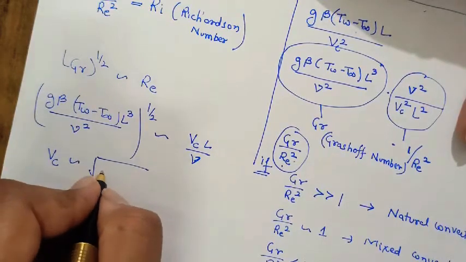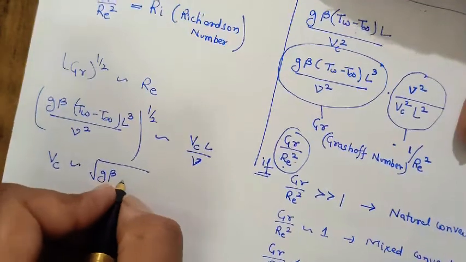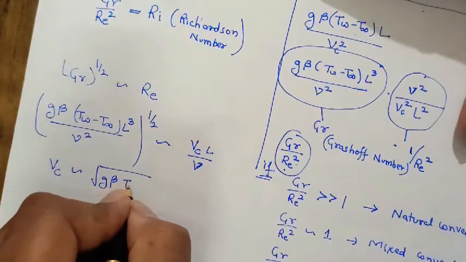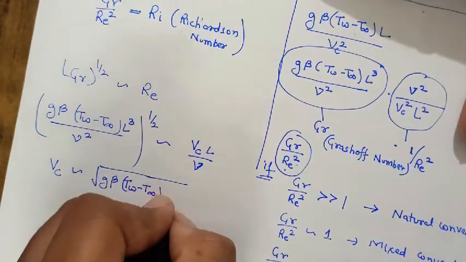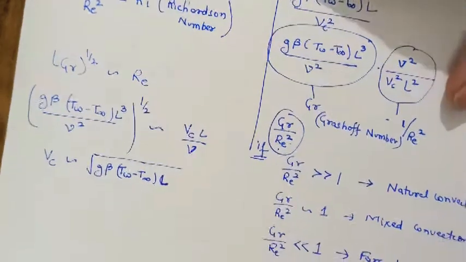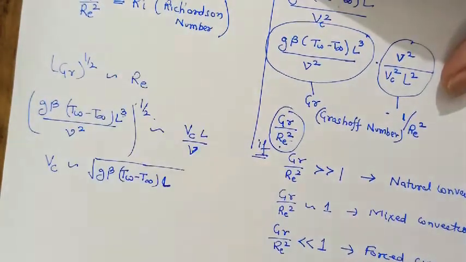somehow equal to G beta delta T into L, right? This will be like this.